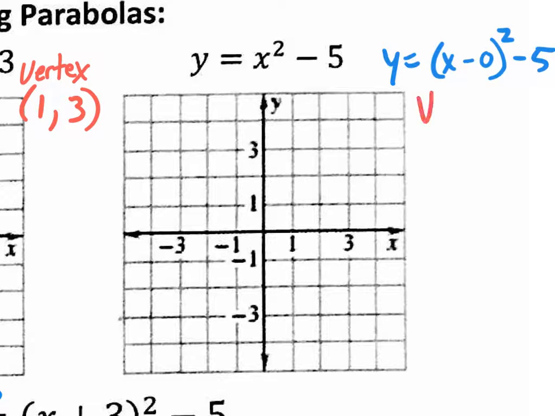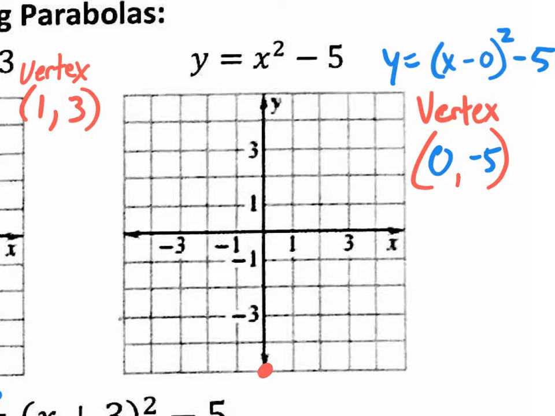And ladies and gentlemen, that tells you your vertex. Vertex is h and k, where your h value is 0, your k value is minus 5. Remember, if you did have an h value, you have to think opposite of what you see. But right there, 0, it doesn't matter if it's positive or negative. So let's go to the coordinate 0, negative 5.